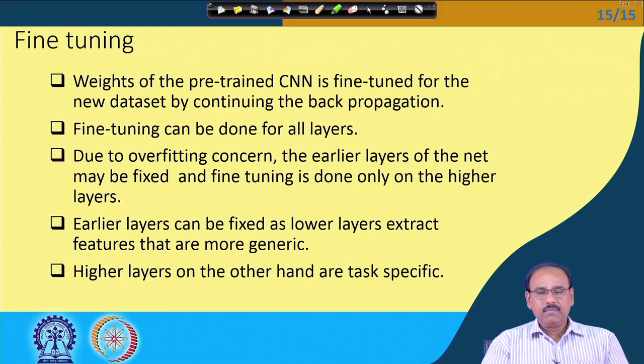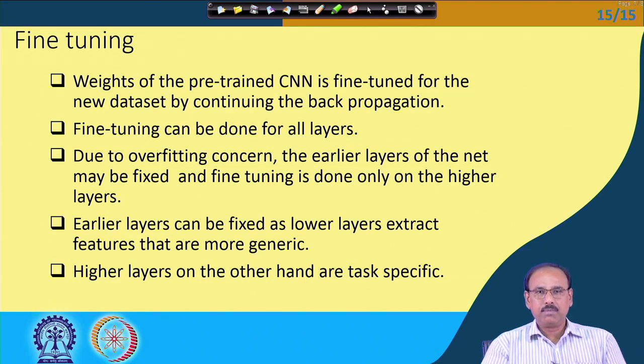Fine tuning can be done for all the layers, but as we said, towards the early layers, the features which are learned are mostly generic. So, during fine tuning we may not train the earlier layers, but what we will definitely have to train are the later layers, particularly the fully connected layers, because the features learned in the fully connected layers or the later layers are mostly domain specific, whereas the features learned in the earlier layers are mostly generic.